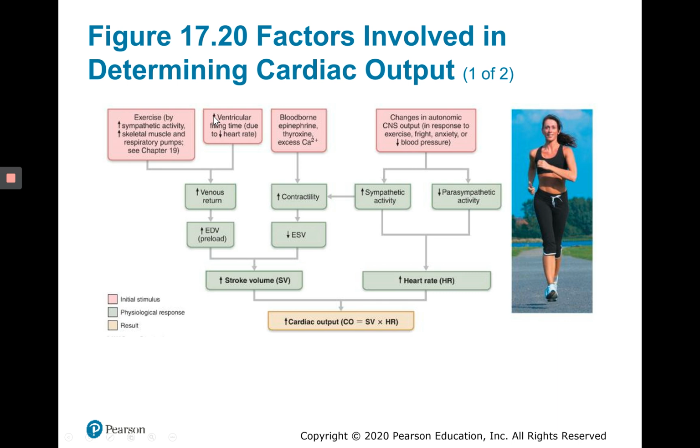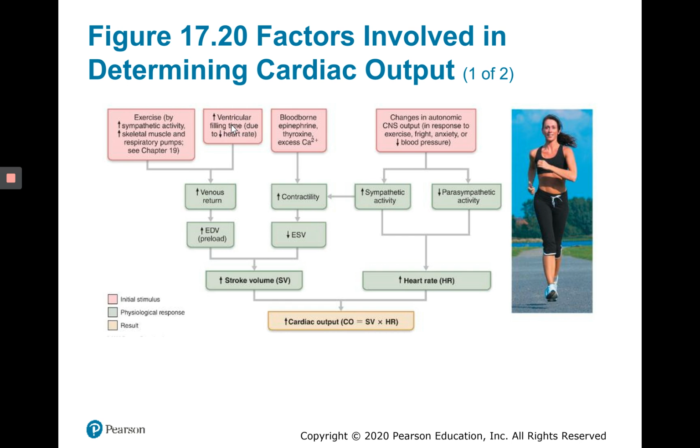Or if we increase ventricular filling, that means that we're going to probably see a decrease in heart rate that's causing that, but both of these can lead to an increase in venous return. Essentially, there is either more blood returning to the heart, or there's more time for blood to fill the heart, come back from tissues, and this leads to an increase in end-diastolic volume, or the amount of blood that's in the ventricles at the beginning of isovolumetric contraction.